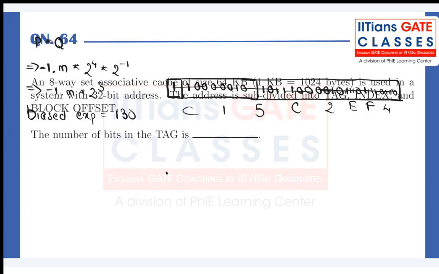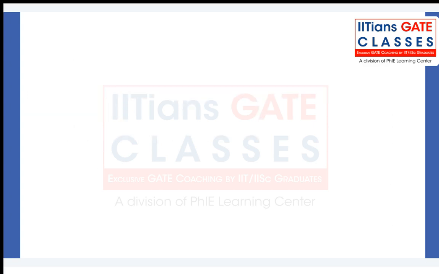Okay, the last question that was asked in the GATE exam was on cache memory, right? An 8-way set associative cache of size 64 KB is used in a system with 32-bit address. The address is subdivided into tag, index, and block offset. Number of bits in the tag is what? So let's draw the block diagram.